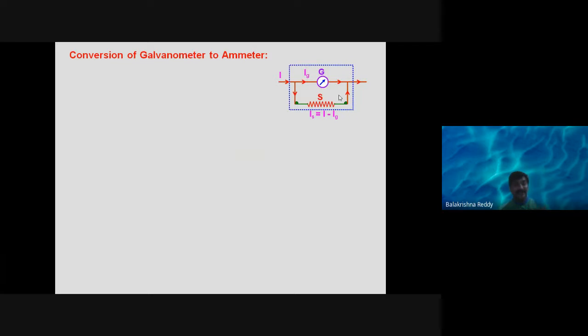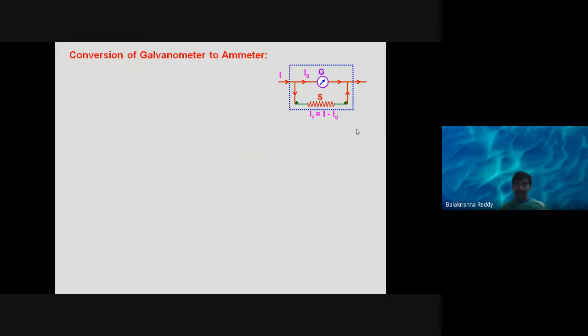Since I connect it in parallel, whatever this galvanometer resistance is now, this resistance value will decrease. This resistance value decreases whenever I connect in parallel. This parallel connection we call a shunt. Shunt means a bypass connection like this.